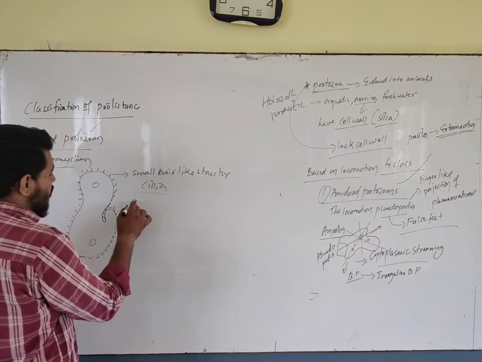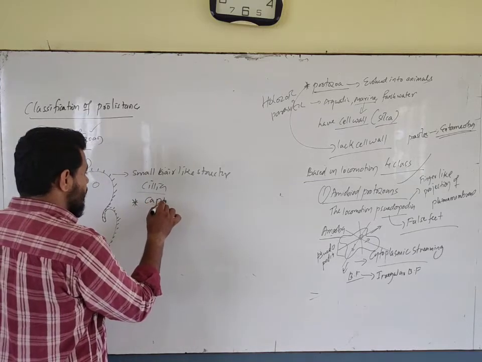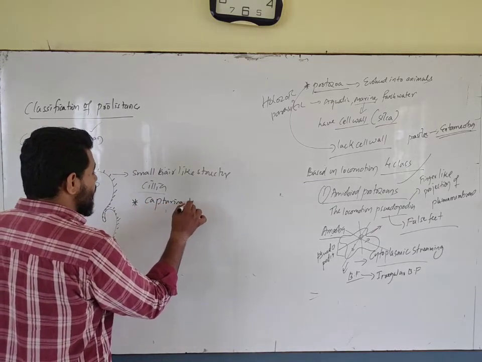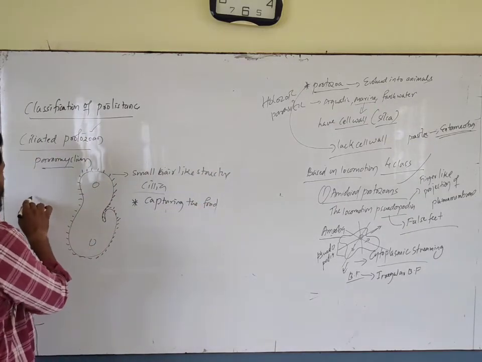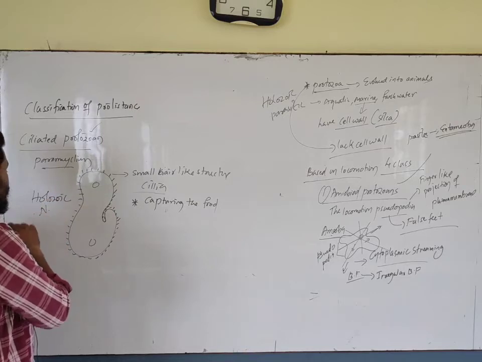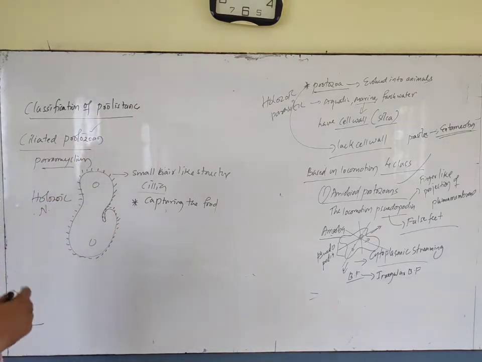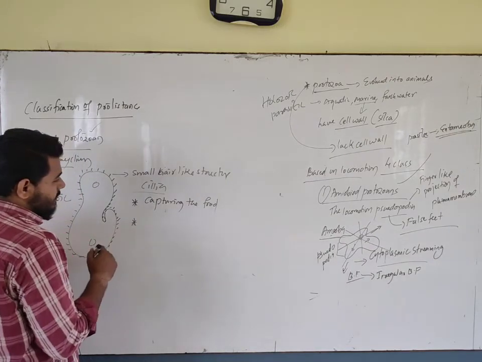So apart from locomotion, cilia also help in capturing the food, because these ciliated protozoans show holozoic nutrition. So that means they have to hunt. So they capture the food, small microorganisms.